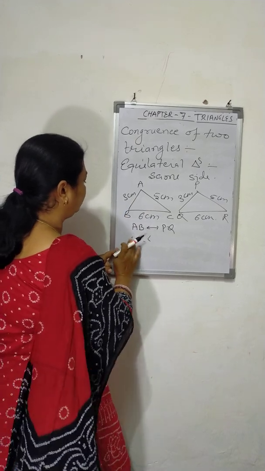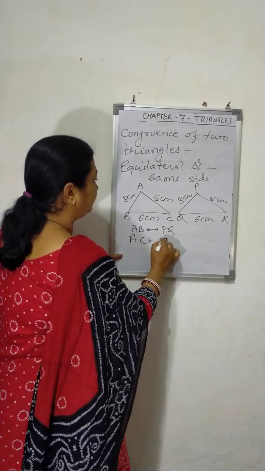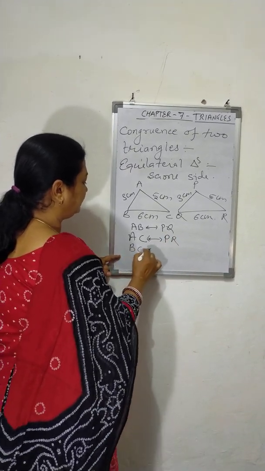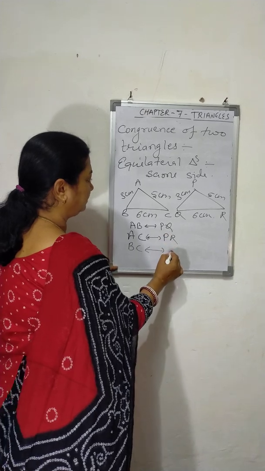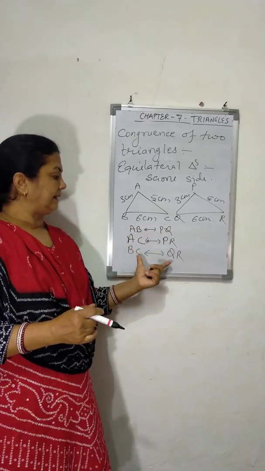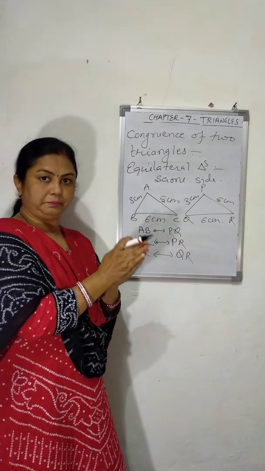Similarly, let us take AC first. AC will cover which side? PR, and BC will cover QR. So when we put these sides together of both the triangles, they will cover each other completely.